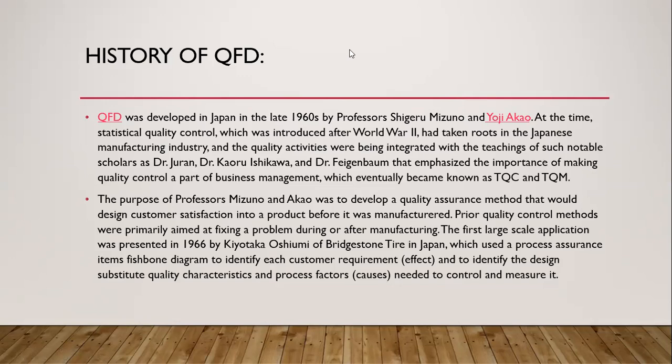By that time, statistical quality control and the fishbone diagram were other TQM techniques devised by eminent quality gurus Juran, Kaoru Ishikawa, and Feigenbaum. They shared their opinions with Japanese manufacturing industry to enhance business strategies in a much more effective way. Later, these concepts were called total quality control or total quality management.